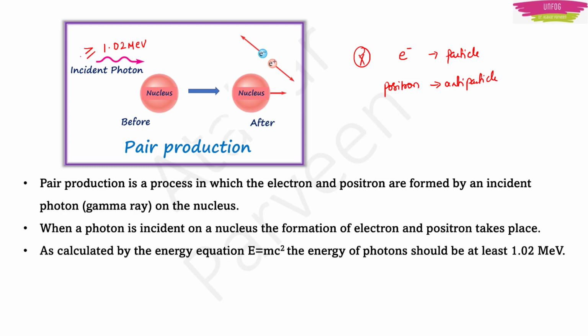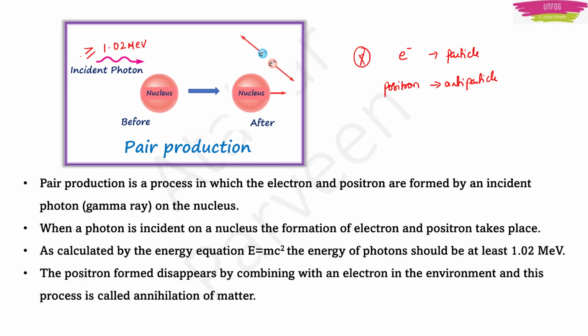So the energy of the incident photon should be at least 1.02 MeV. This is the value of the photon's energy. Unless and until this condition is fulfilled, pair production will not happen. Okay, so this can also be asked as an MCQ.